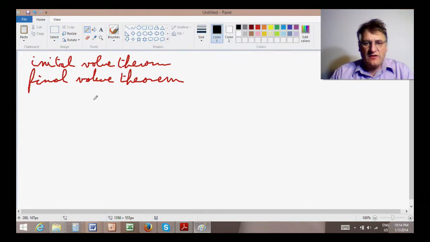Those theorems relate the values of f and its Laplace transform at 0 and infinity respectively.